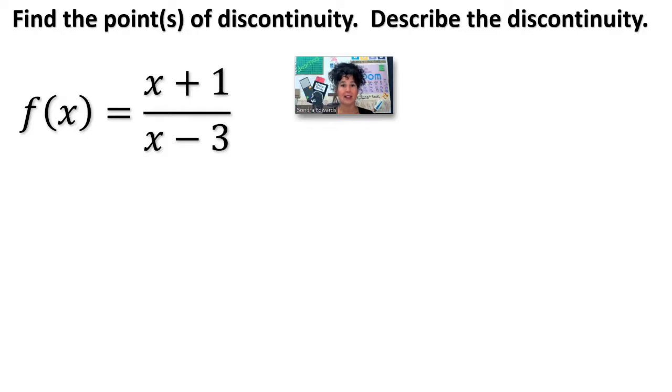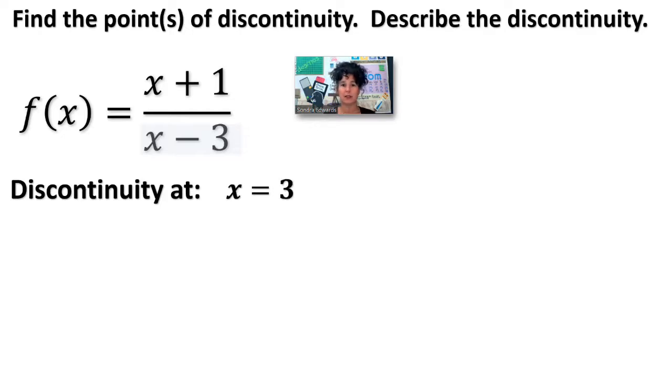Okay, so one more time, any number that makes the denominator equal 0 causes a discontinuity. So x minus 3 is in my denominator, and the number that makes x minus 3 equal to 0 is the number 3. So we are going to have a discontinuity at 3. The question is now, is it removable or non-removable?